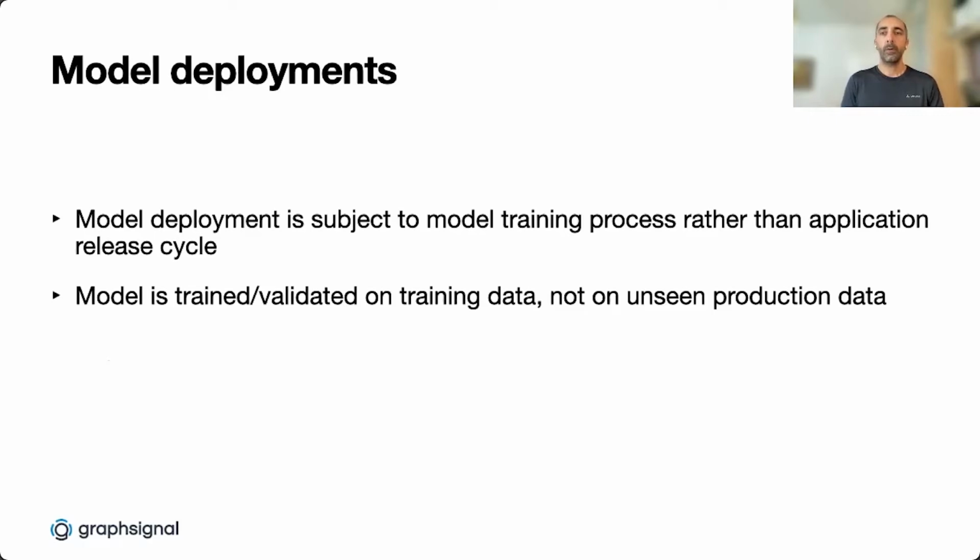This is a common problem because models are trained and validated on thoroughly prepared and cleaned up training data, not on unseen production data. Even the feature engineering code can differ from training to deployed model. In other words, a release of a model may cause the model to fail on production data and needs to be closely monitored.